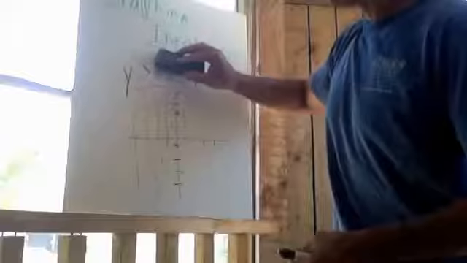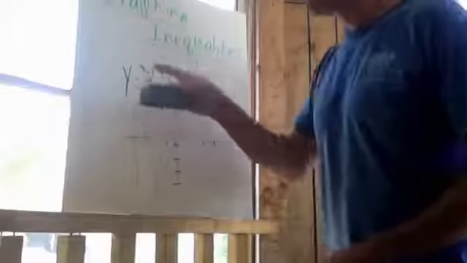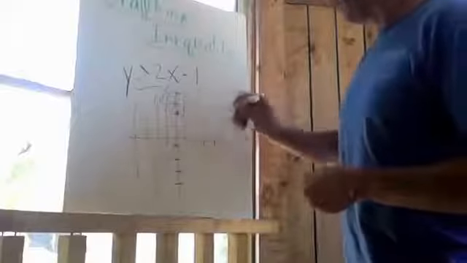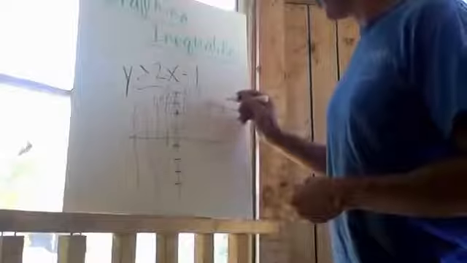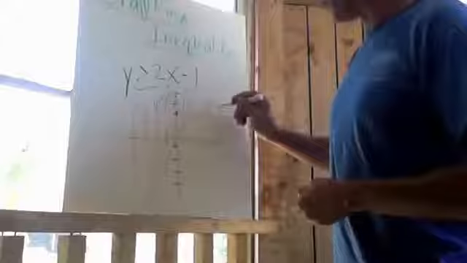Now the one thing that complicates it a little bit is that I want y is greater than 2x minus 1. I don't want y equals 2x minus 1. Remember on number lines, if I want something like x is greater than 2, I don't put a dot there because I don't want to include the 2.